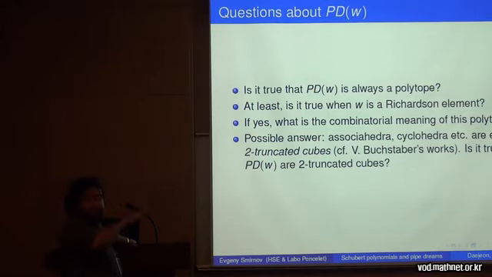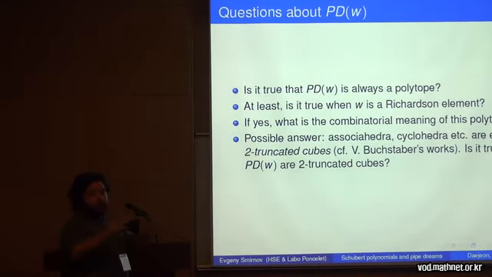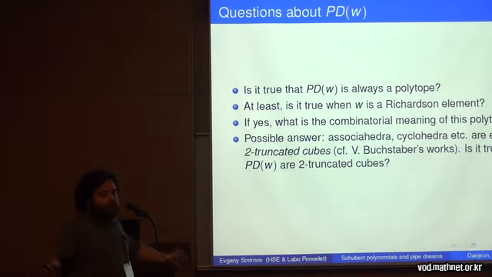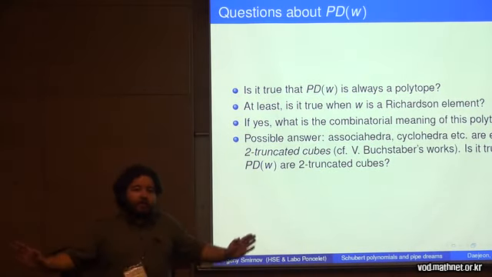You can take cubes and remove their faces of codimension 2, and in such a way you can get associahedra, cyclohedra, and a lot of interesting stuff. A guess is that maybe our complexes can be obtained as two-truncated cubes. But I don't know how to prove that. Okay, I think that's all. I'll stop there.